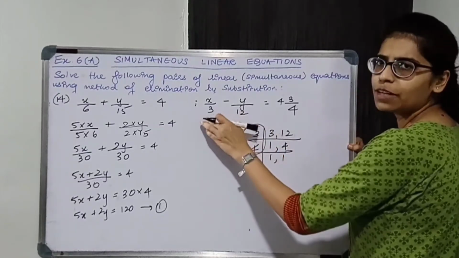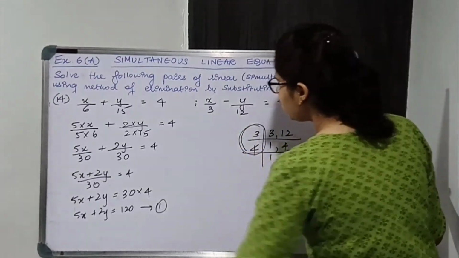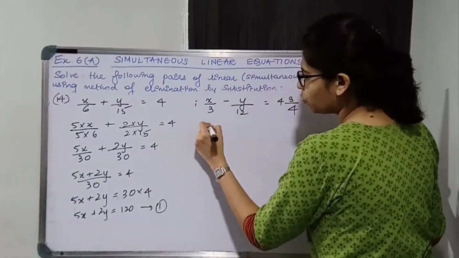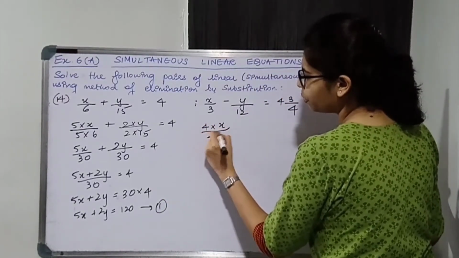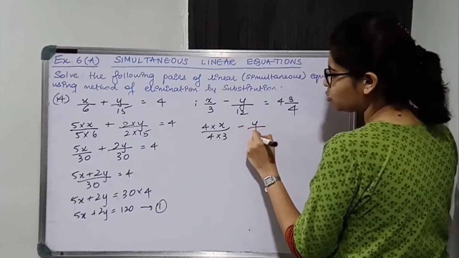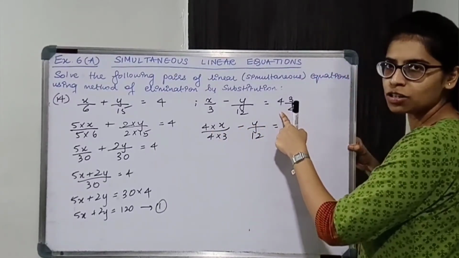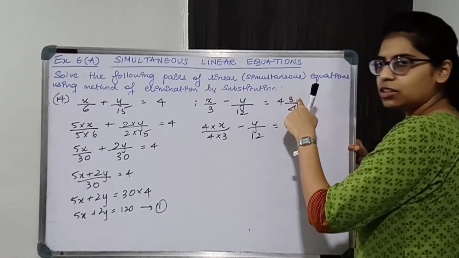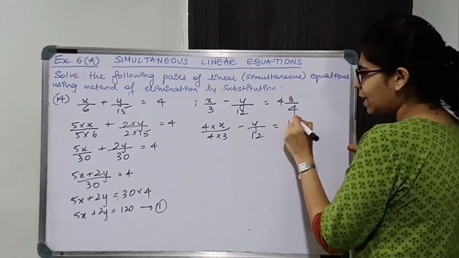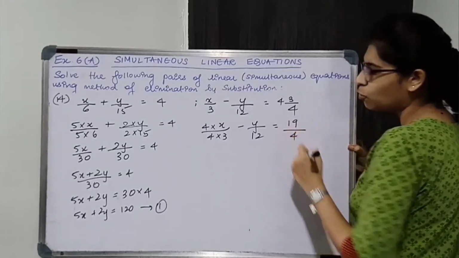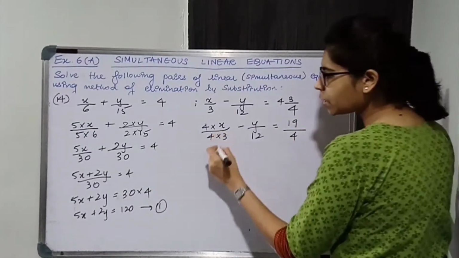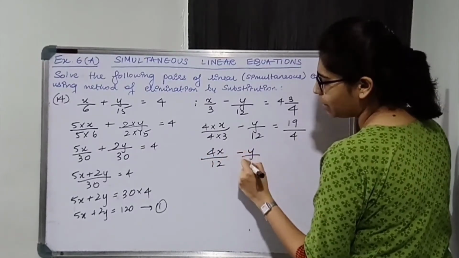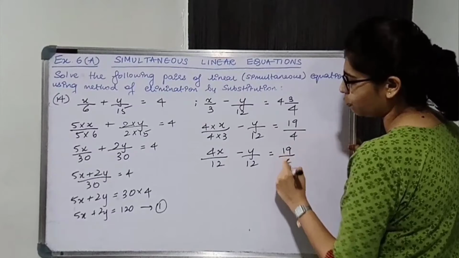This is already 12. I just need to make this 12. So multiplying by 4 in both numerator and denominator. So 4 into x by 4 into 3 minus y by 12 is equal to, यहाँ पे mixed fraction है, 4 4s are 16 plus 3. So 19 divided by 4. Okay. यहाँ पे 4x upon 12 minus y by 12 is equal to 19 by 4.